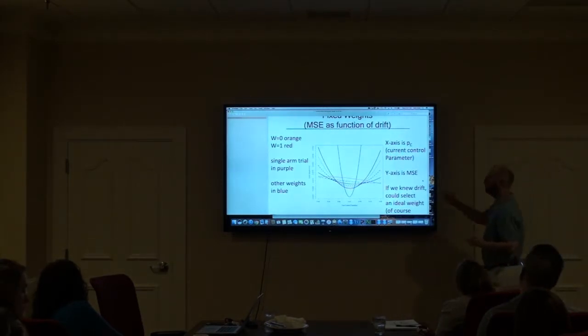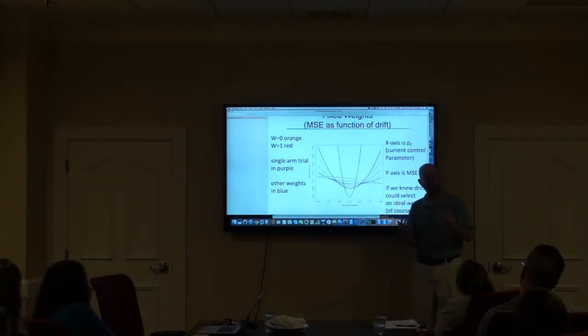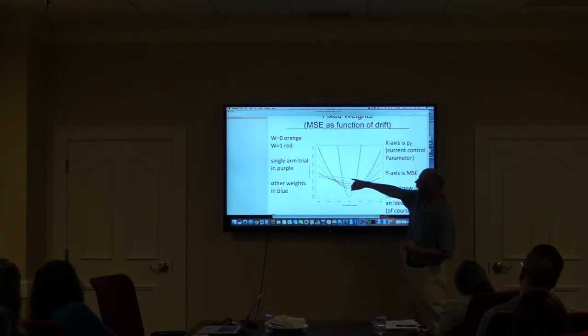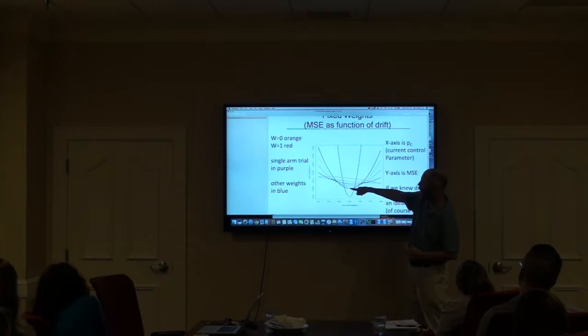You can see there's a couple regions here. There's a region right in the middle. If you don't have any drift, your true control proportion matches the 65% in history, you get gains in mean square error. So for example, the pooled analysis can cut the mean square error in half if you're right on target. The single arm trial, if you haven't had any drift, you should absolutely do a single arm trial.